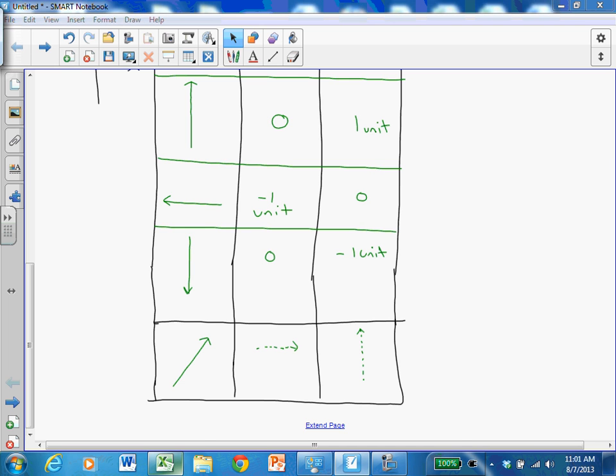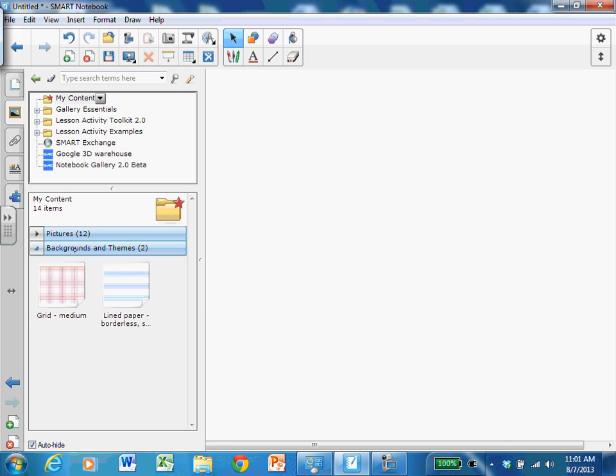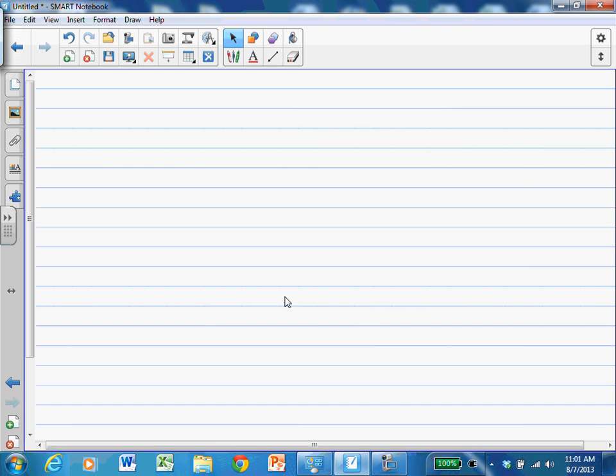So let's take this vector diagram and say we had a vector of 5 units. Well, no, let me use meters because we'll get used to some different units. 5 m for meters.